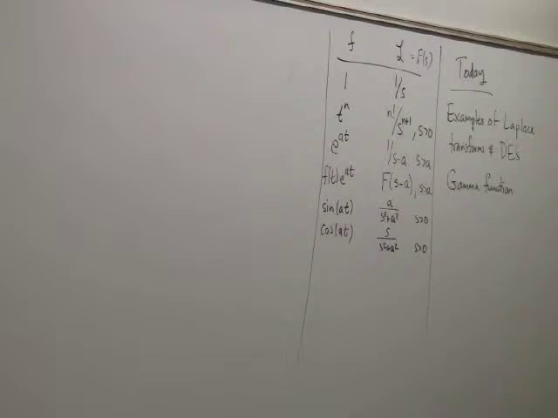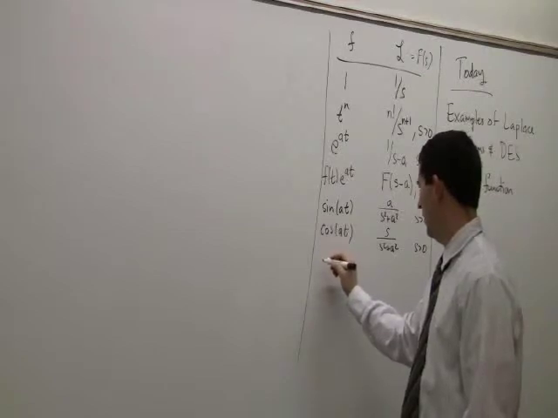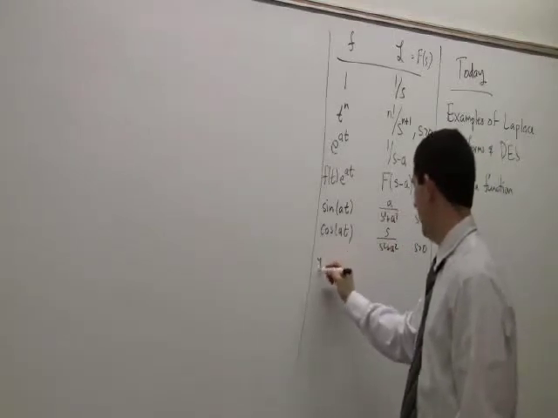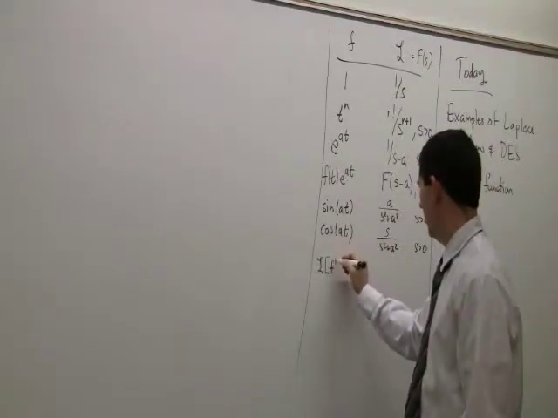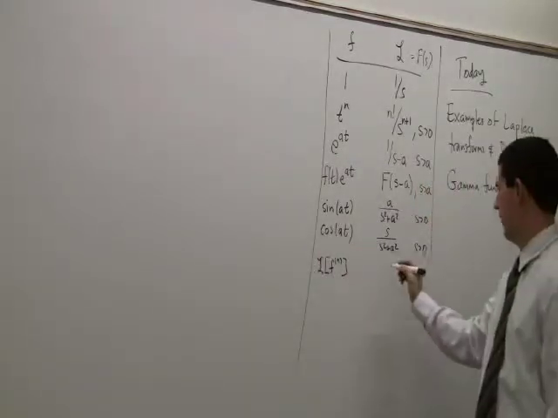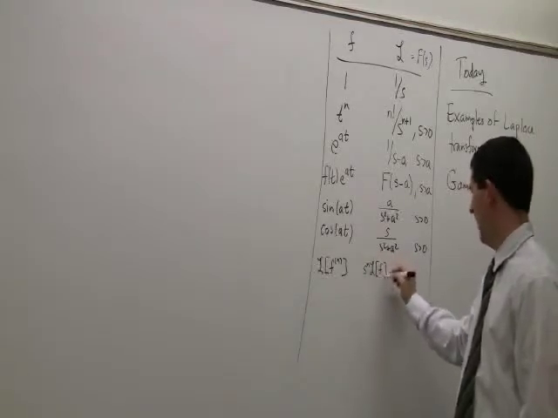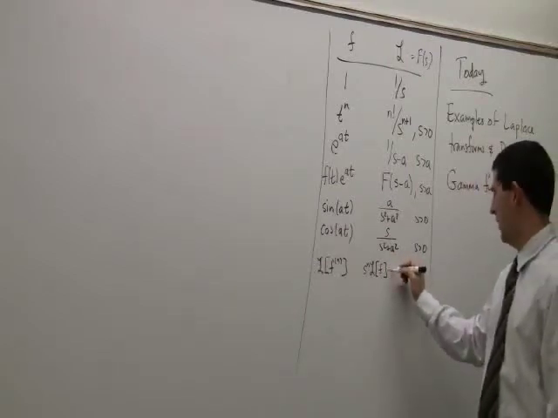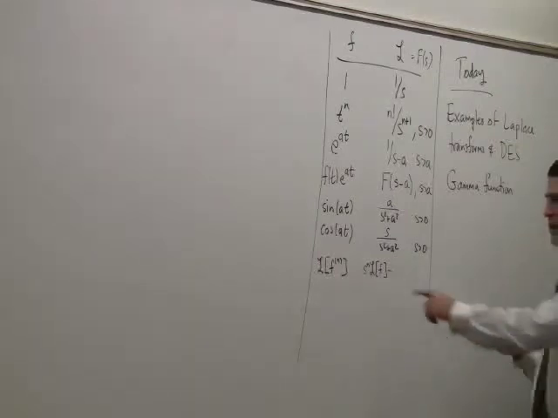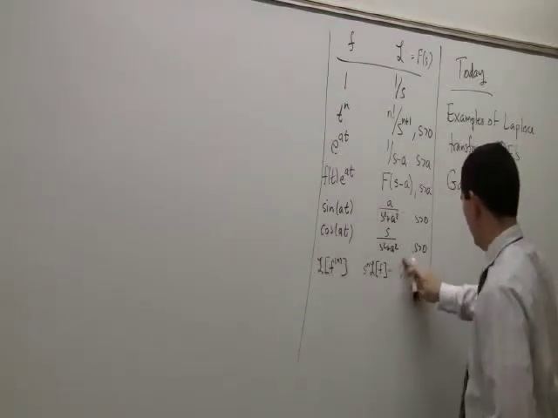Okay. And then we also had formulas for computing the Laplace transform of a derivative. So if you have, for instance, the nth derivative of f, then the Laplace transform was s to the n times the Laplace transform of f. And then you had to subtract out a bunch of terms that were powers of s, and then initial values of the function. I'll write it short as the sum.